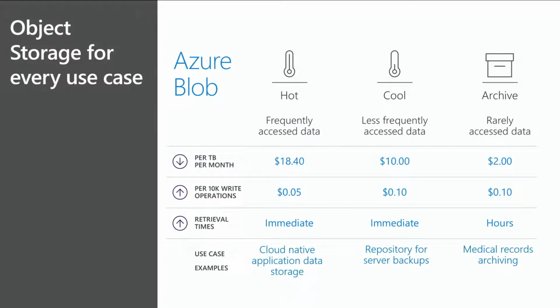Another thing that we launched since the last Build, or even the last Ignite conference, is Azure Archive Storage. It is a tier of blob storage that gives you offline storage as opposed to the online storage of the existing hot and cool tiers, but does so for an incredibly low price. And it's really useful for data that you need to keep for a very long time.